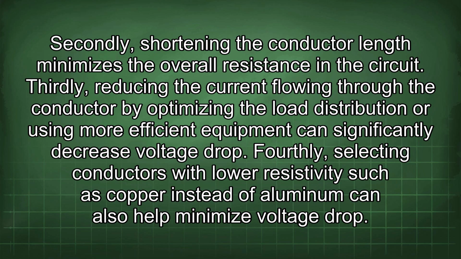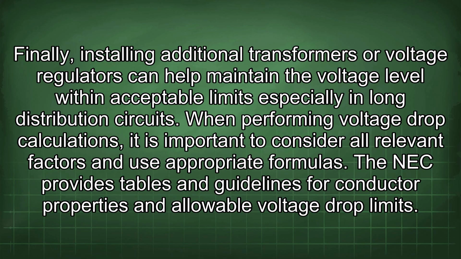Thirdly, reducing the current flowing through the conductor by optimizing the load distribution or using more efficient equipment can significantly decrease voltage drop. Fourthly, selecting conductors with lower resistivity, such as copper instead of aluminum, can also help minimize voltage drop. Finally, installing additional transformers or voltage regulators can help maintain the voltage level within acceptable limits, especially in long distribution circuits.